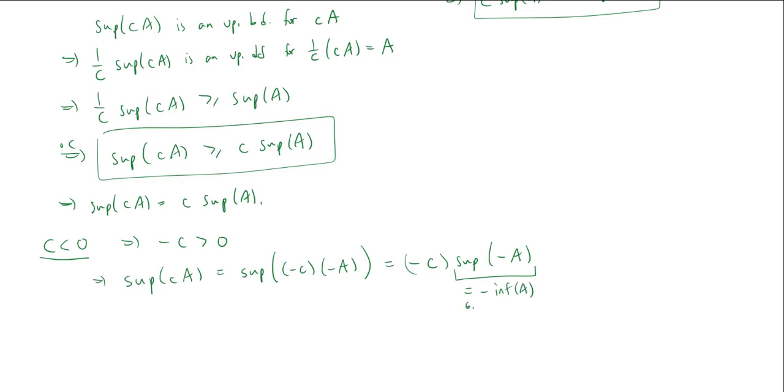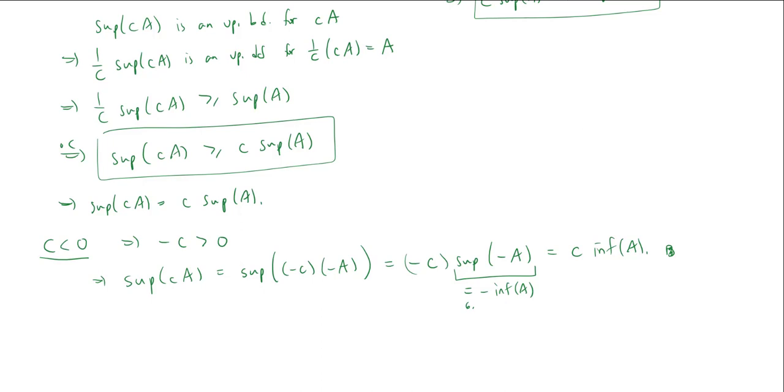This is by 6. Okay, well, I have a negative C and a negative inf of A. The negatives go away, and I have C times the infimum of A. And that finishes the proof of 7.